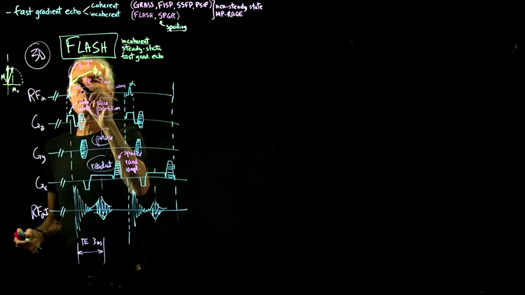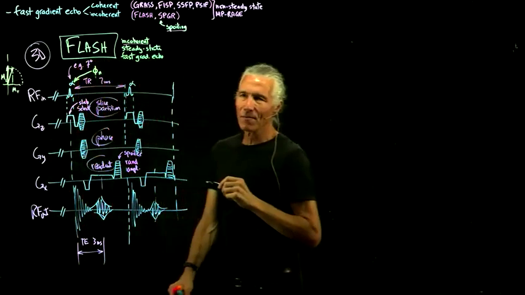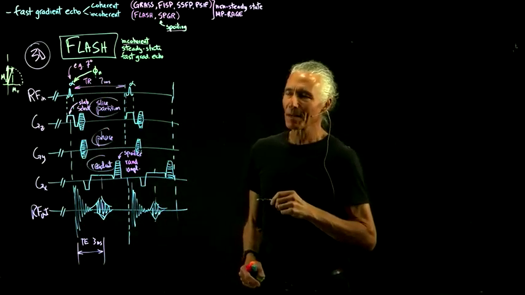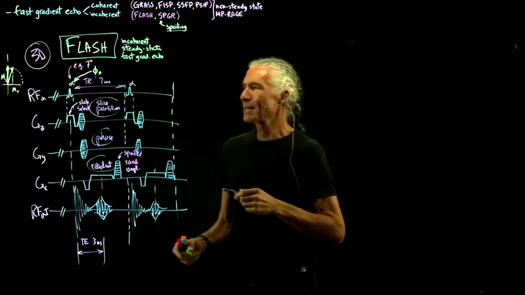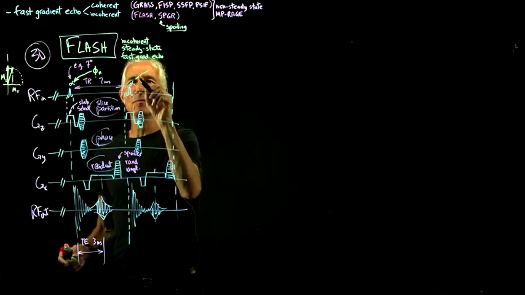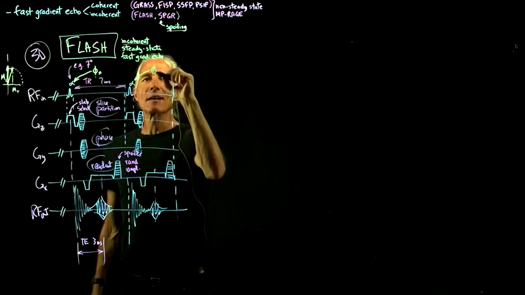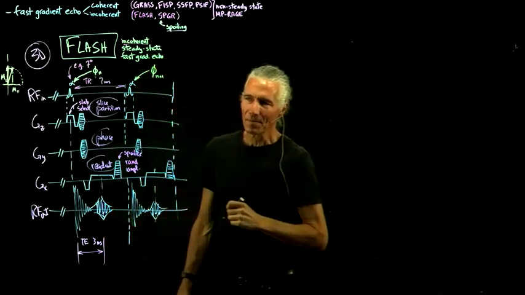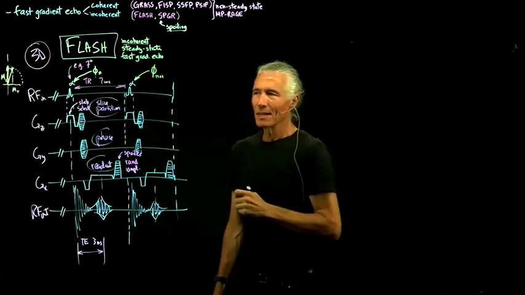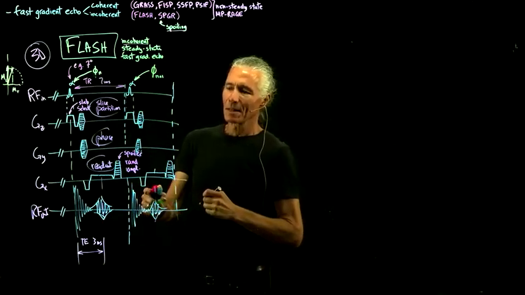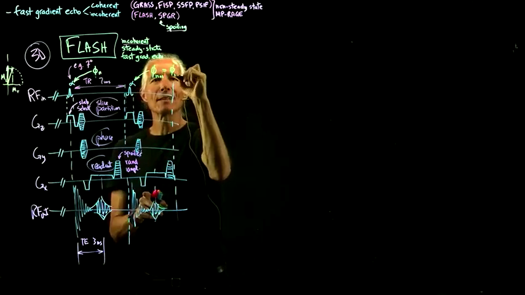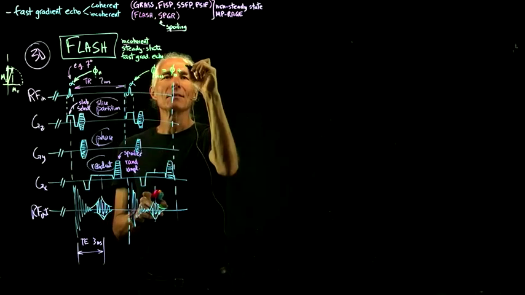And so normally you might say, well, let's just stimulate with the same phase, because that would be the best way to sort of keep the signal going. But if we don't want to keep the signal going, then let's stimulate with a different phase. And so if you do a bunch of equations, it turns out the best way to spoil your transverse magnetization is to stimulate with whatever the phase was last time plus either 117 degrees or 123 degrees.